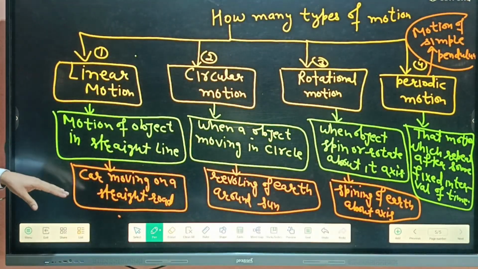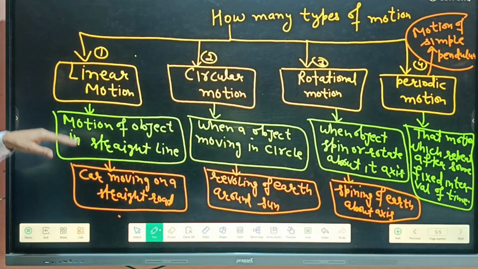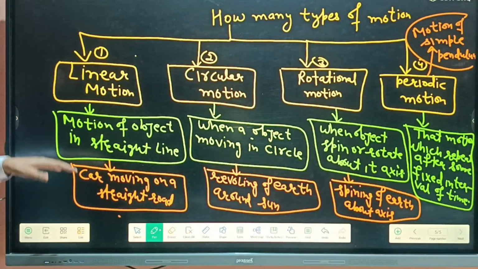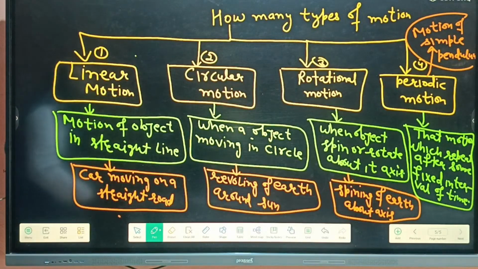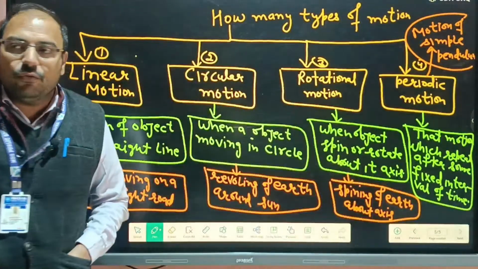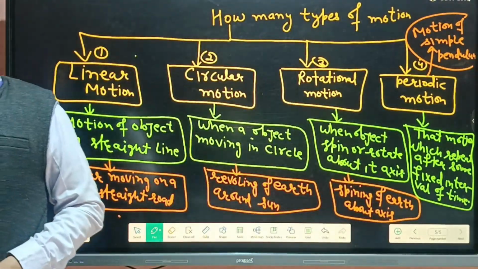You give many examples. A rail moving on railway tracks. So that is also motion in a straight line, known as linear motion. Second, circular motion: revolving of the Earth around the sun, revolving of the moon around the Earth.